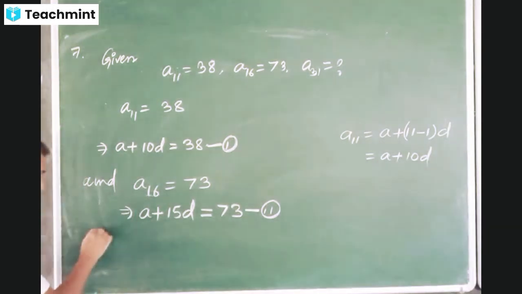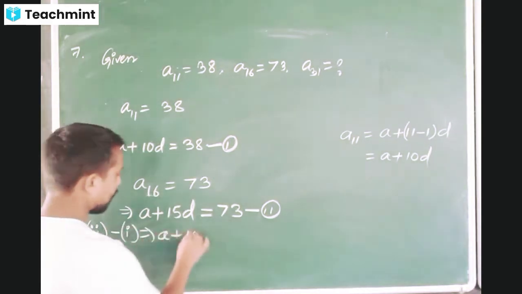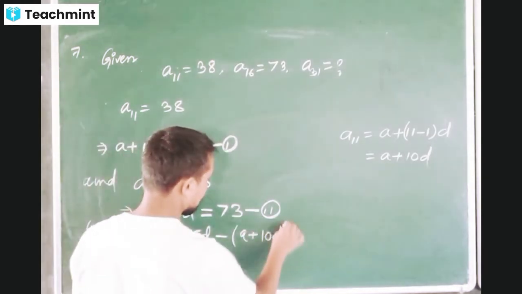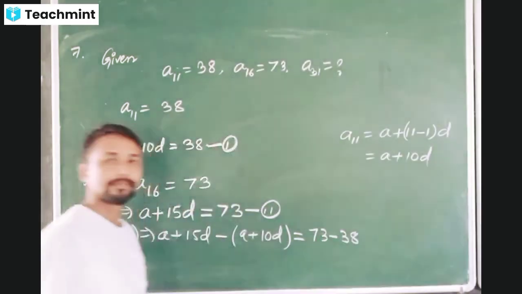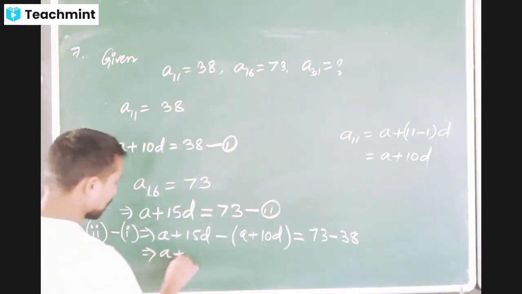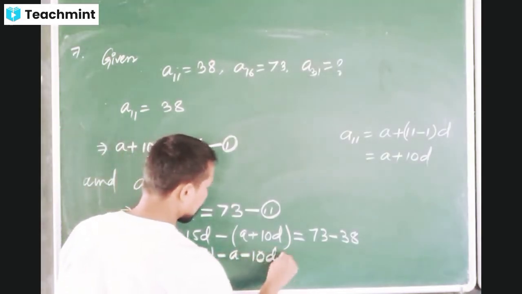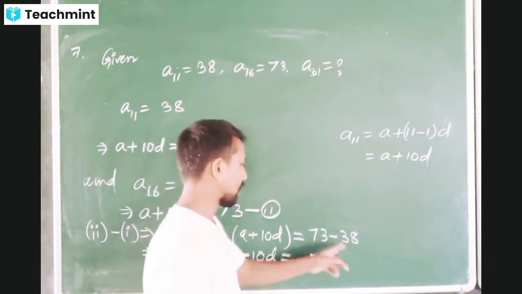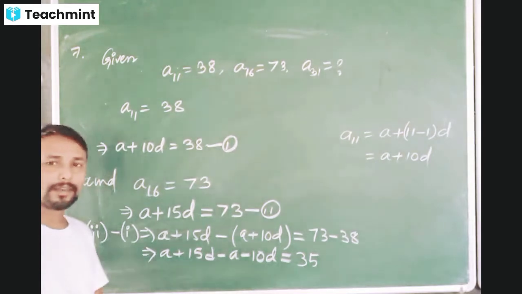A plus 15D minus A plus 10D equal 73 minus 38. That is 35.